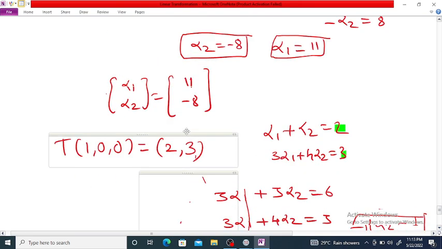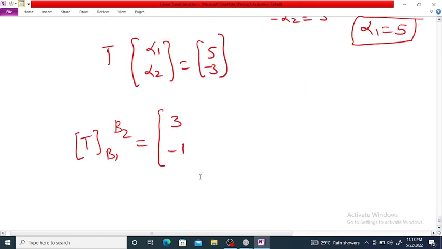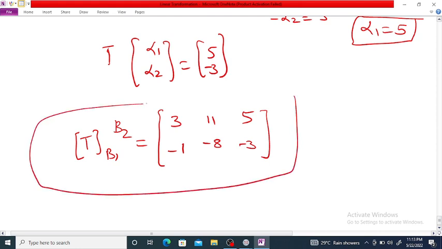The second one is 11, minus 8, and the third one is 5, minus 3. So this is the matrix of T with respect to bases B1 and B2, and we use this matrix for further transformations. It has a lot of applications further. So we are going to stop here for this lecture.